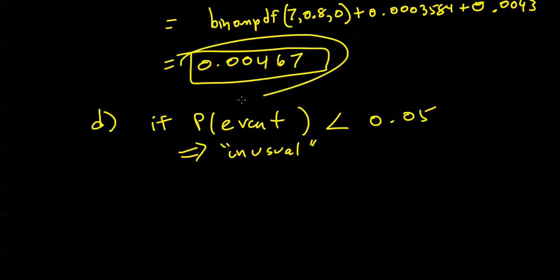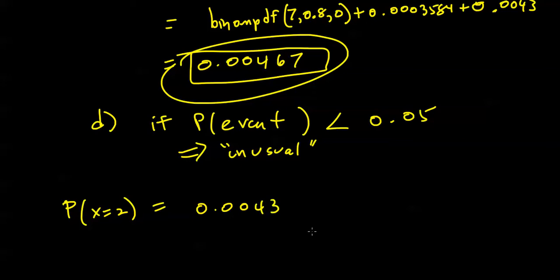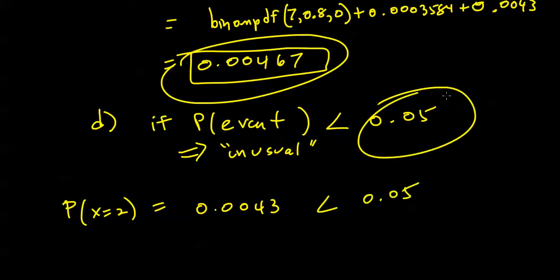And certainly this value here, right, if we randomly select 7 adults, is 2 an unusually low number? Oh, wait a minute, 2. What was the probability that x was 2? That was the answer to part A, was it not? And that was 0.00430. So the probability that x is 2 is certainly less than 0.05, this unusual/usual milestone.